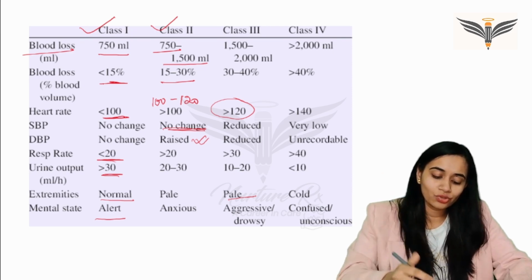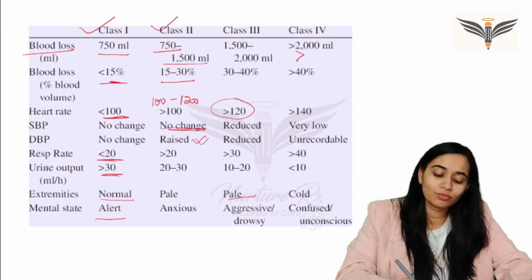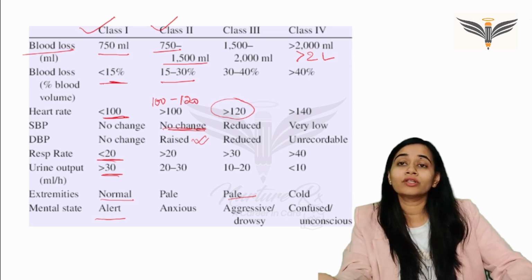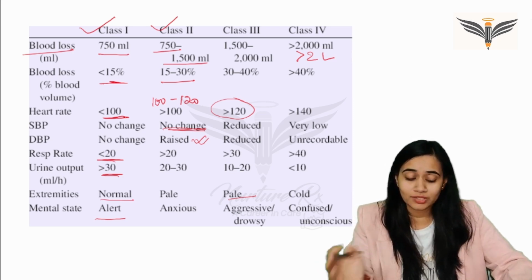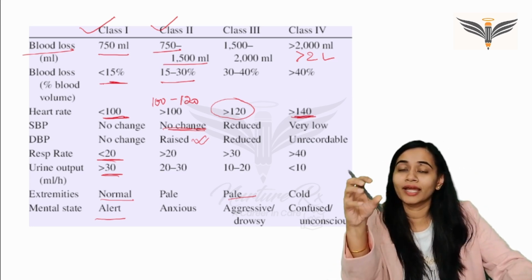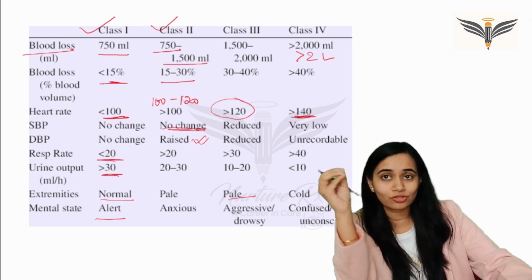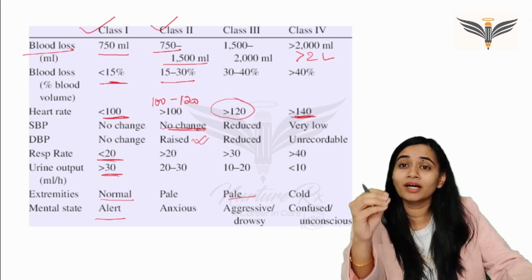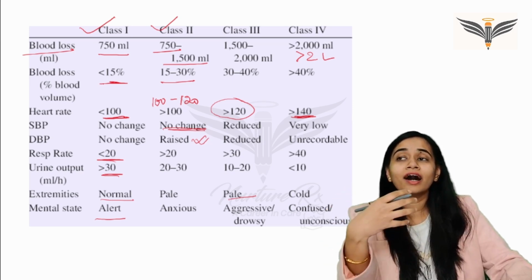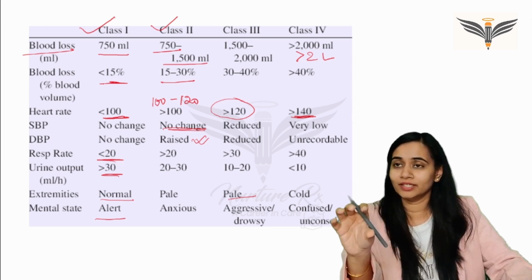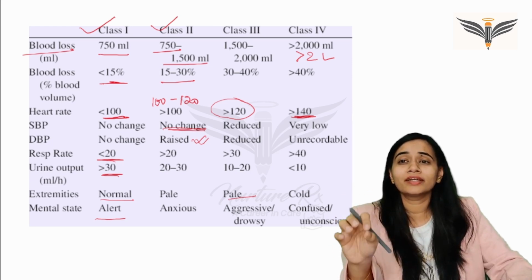Now coming to class 4. Class 4 is when your blood loss is more than 2 liters, and it makes up more than 40% of your total blood volume lost. Now here the heart rate will be more than 140. What happens to your systolic and diastolic BP? If you feel the pulse, it becomes a very feeble, thready pulse. When we have had massive blood loss, the pulse will either not be felt, or it will be very thready, very feeble.